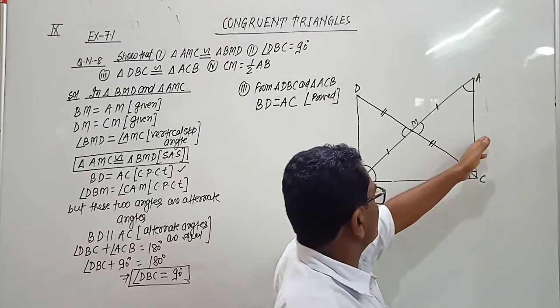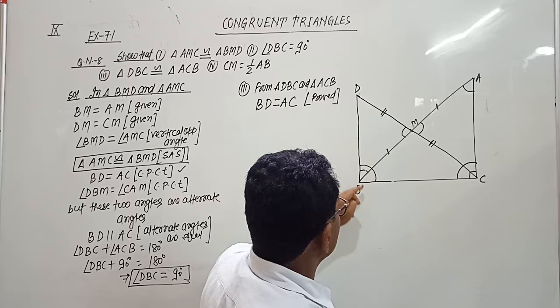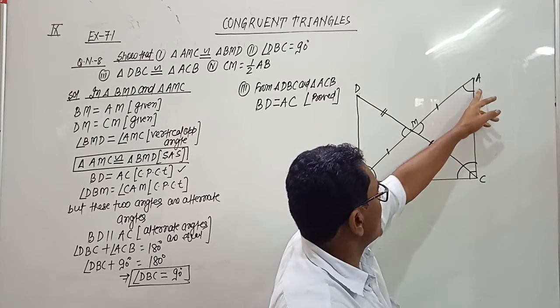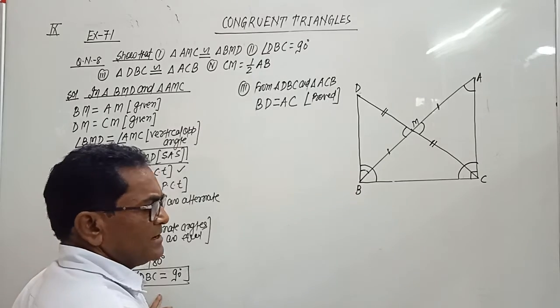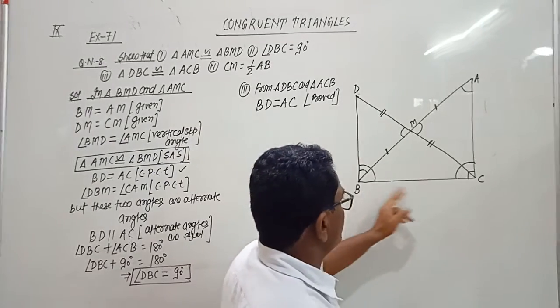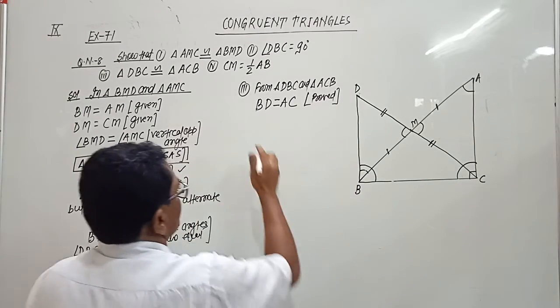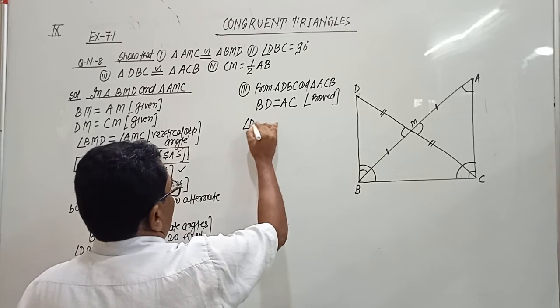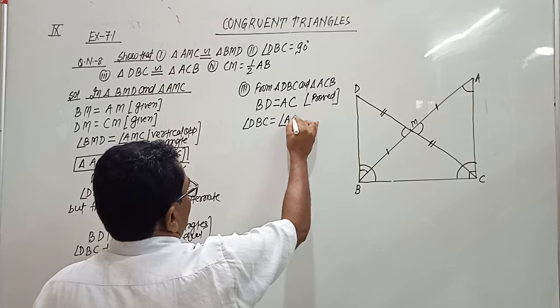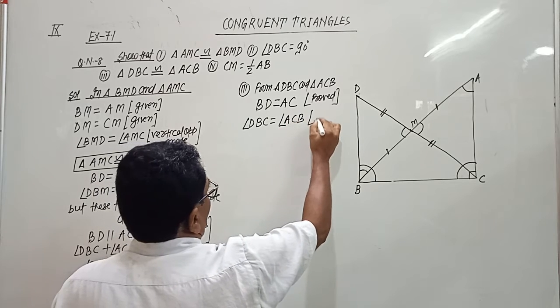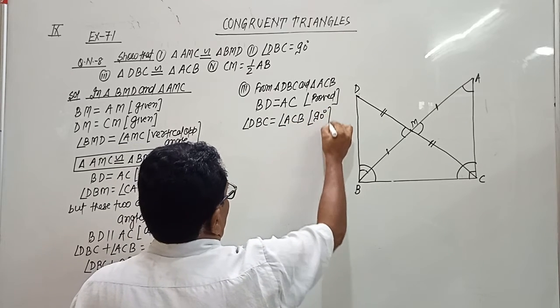This side equals this side, and angle DBC equals angle ACB. We have just proved this is 90 degrees. Angle DBC equals angle ACB, 90 degrees.